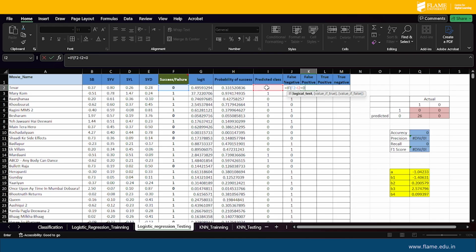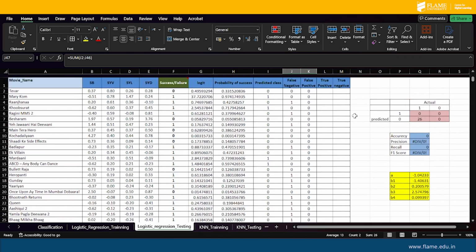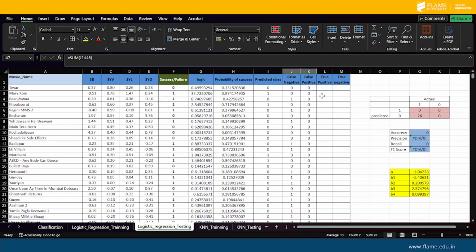Let's say this is the case of false positive: any case that is 0 that is falsely predicted as 1.